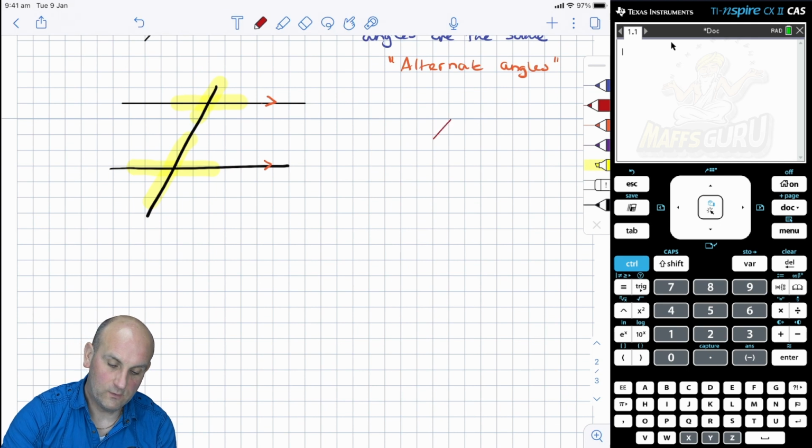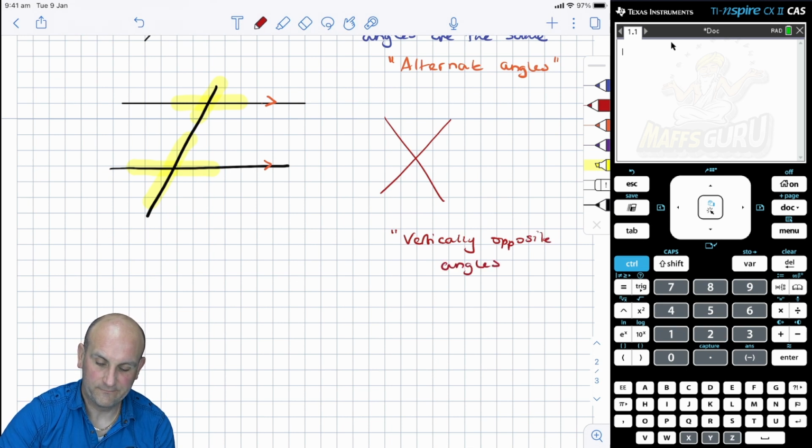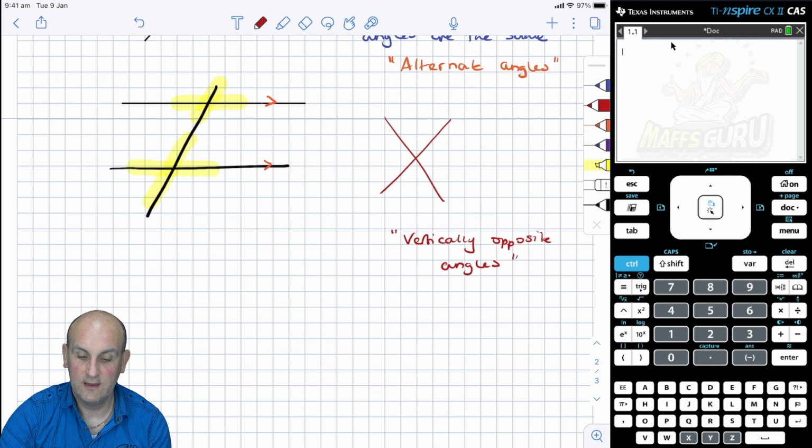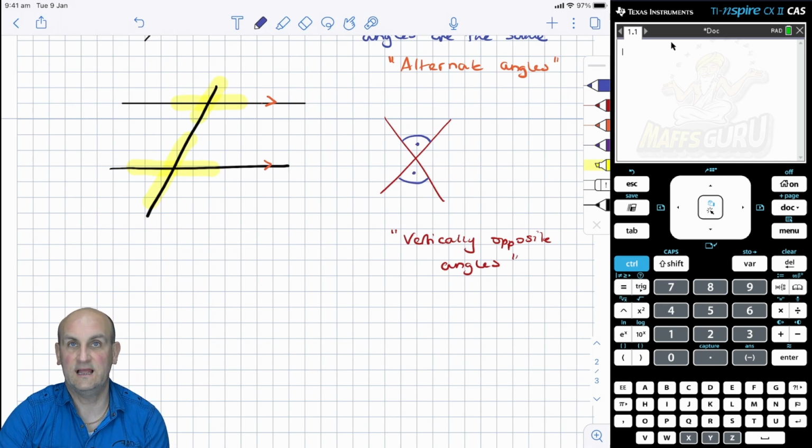Now, what does that mean? Well, firstly, they are called vertically opposite angles. All right, so what we know is that this angle here and this angle here, and I'm actually going to put two dots in there, are exactly the same.